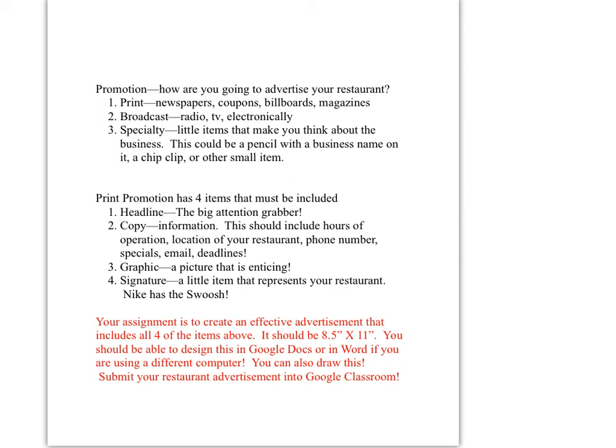The copy is information. This should include your hours of operation, where you are located specifically, the phone number of your restaurant, what specials you have, maybe a way to email your order in, deadlines for your specials as well.